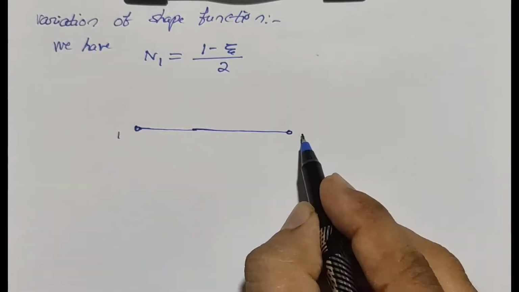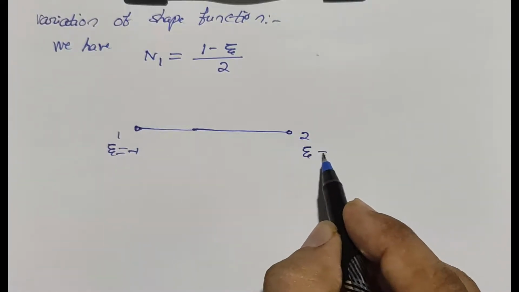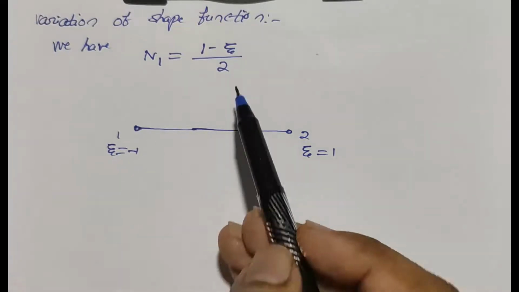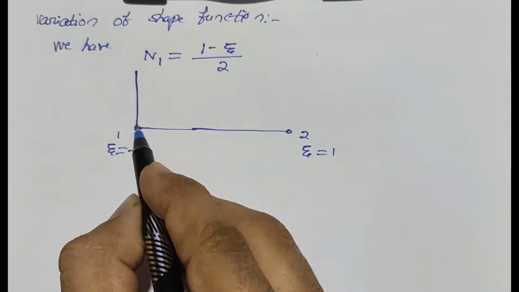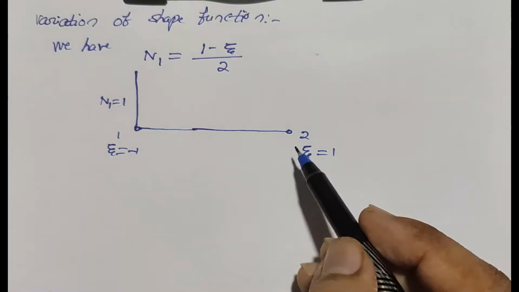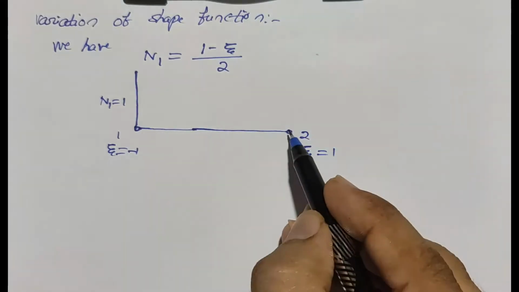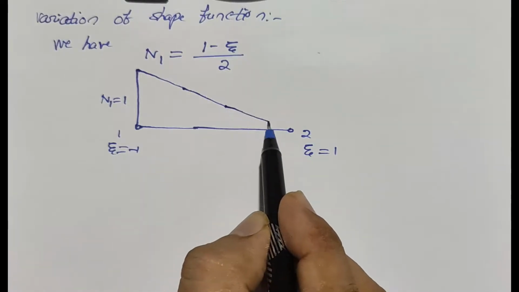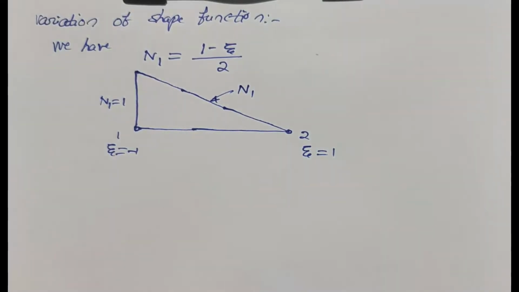Node number 1, node number 2. Here zeta is minus 1. At node 2 zeta is plus 1. If I substitute zeta is equal to minus 1 in this equation, I will get N1 is equal to 1. Here N1 is equal to 1. Next, at node 2, if I substitute zeta is equal to 1 in this equation, 1 minus 1, it becomes 0. So this is the variation of shape function N1 along the length of the element.